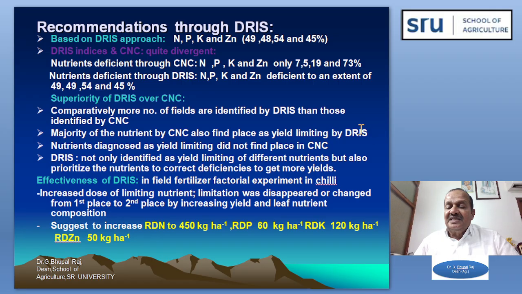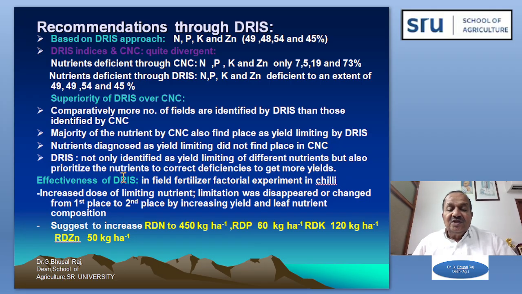So DRIS is not only identifying the limiting nutrients, but also prioritizes which is the most required nutrient: 1, 2, 3, 4. It shows the order of priority to get more yield.